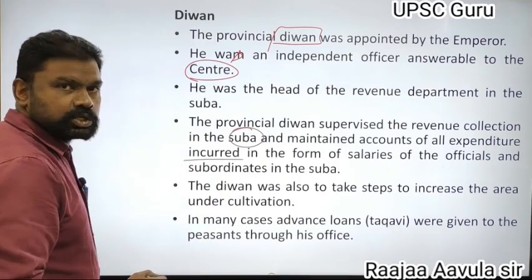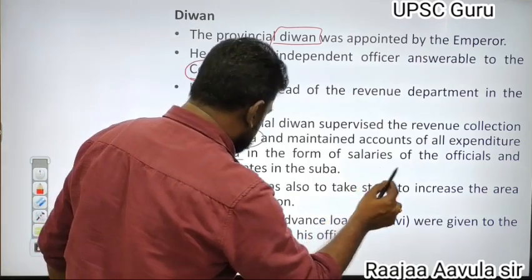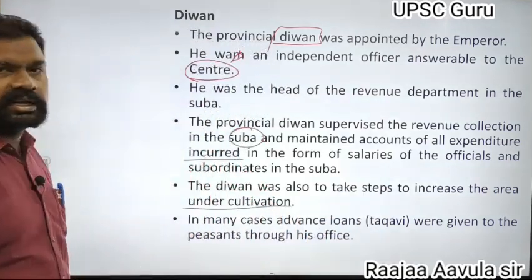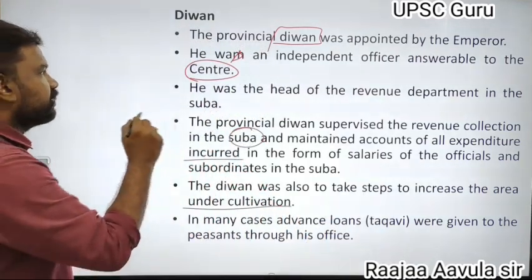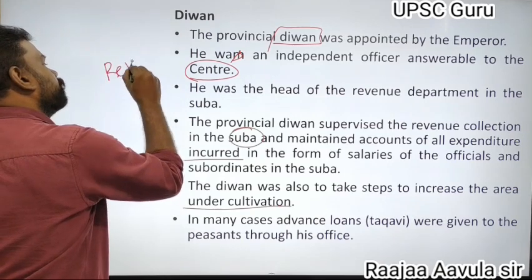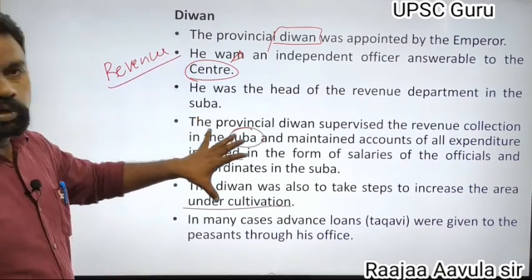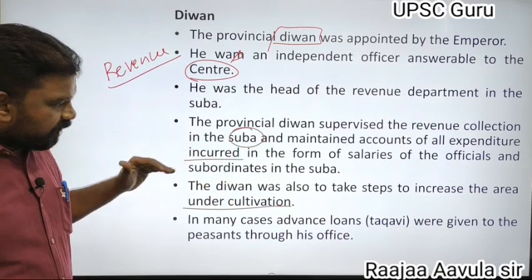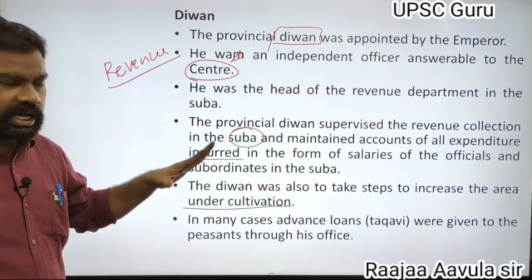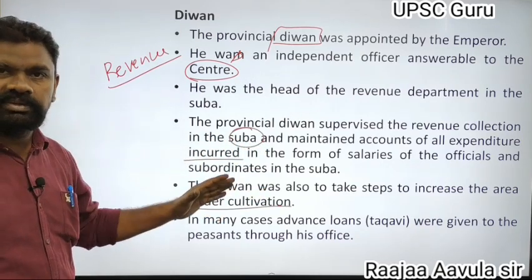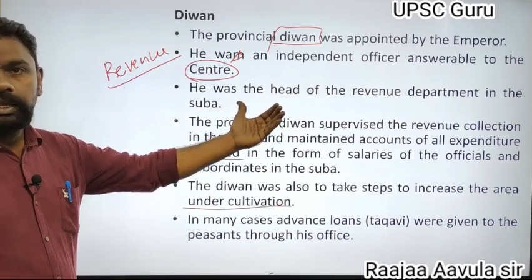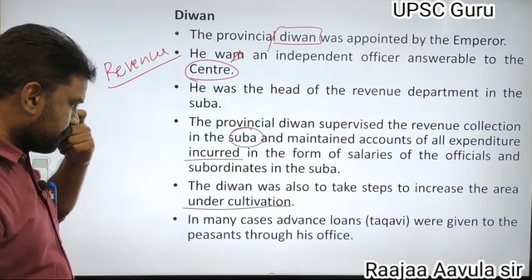The Diwan was also to take steps to increase the area under cultivation because he was the complete head of the revenue. He would collect the taxes, develop the cultivation area and provide irrigation facilities.